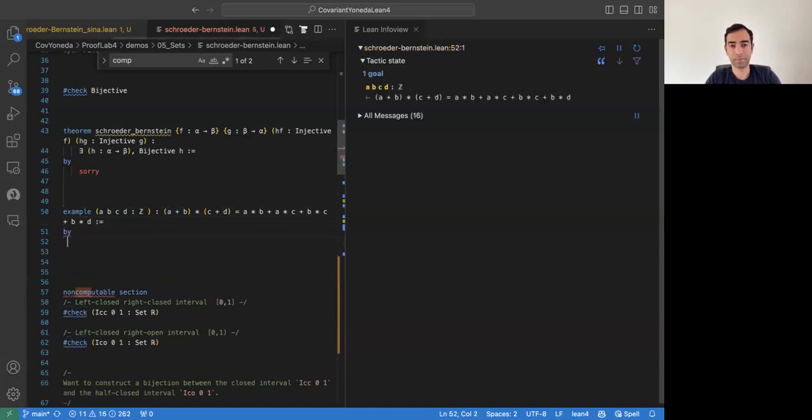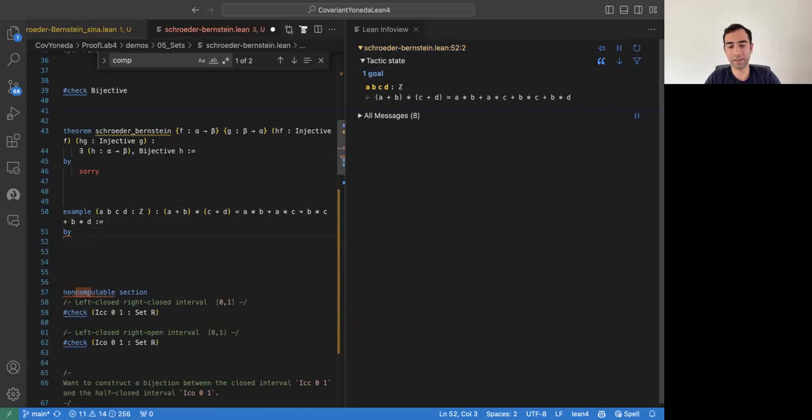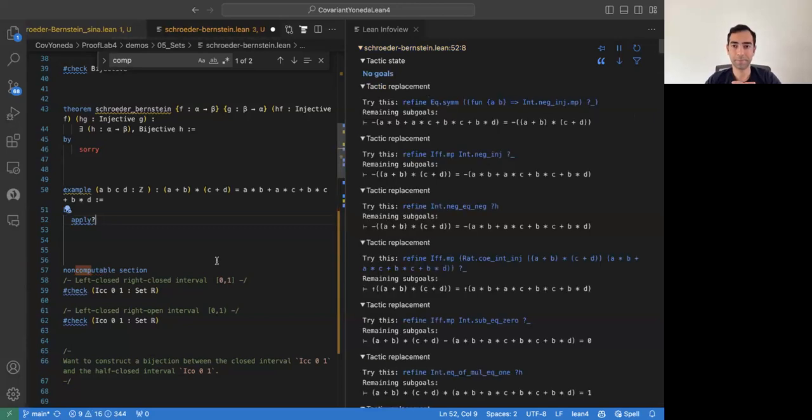So we can try the same, we can try rewrite. Actually, let's not try anything. Let's just apply question mark. So now you're asking Lean to suggest something, right? And now you can see that these orange bars are persisting, but it will finish and tell you something, hopefully. So let's wait a little bit. Okay. Right. So here's a bunch of suggestions, right?